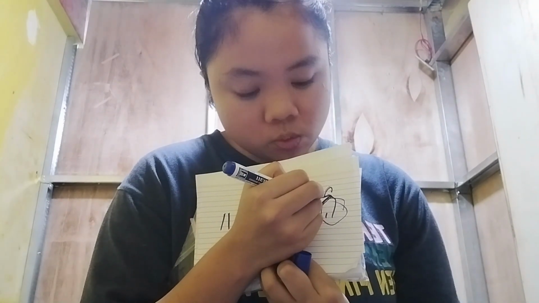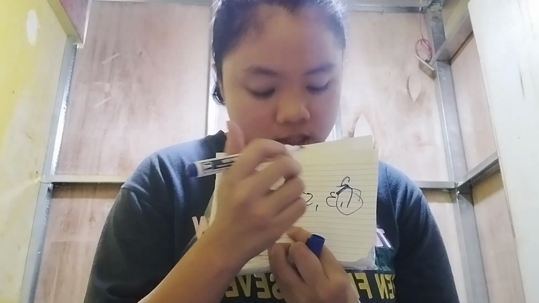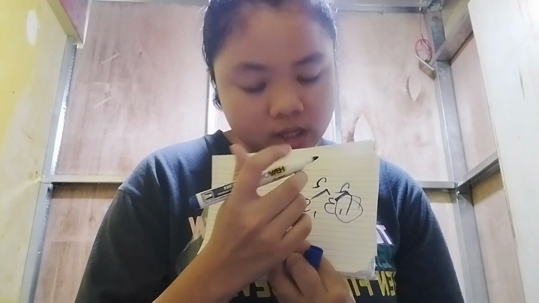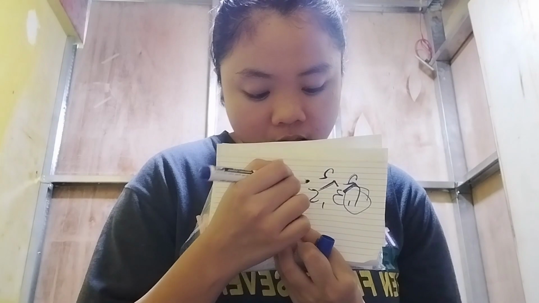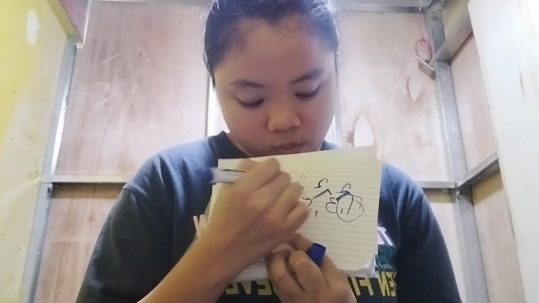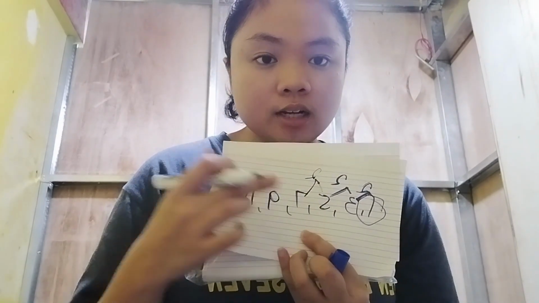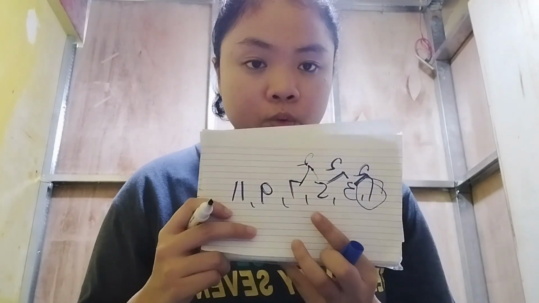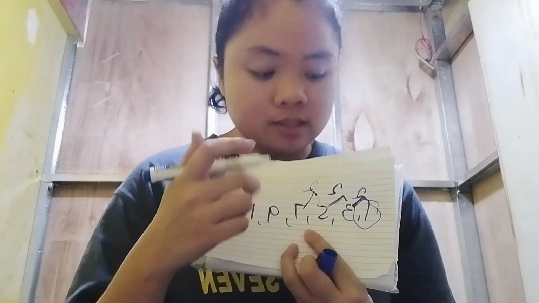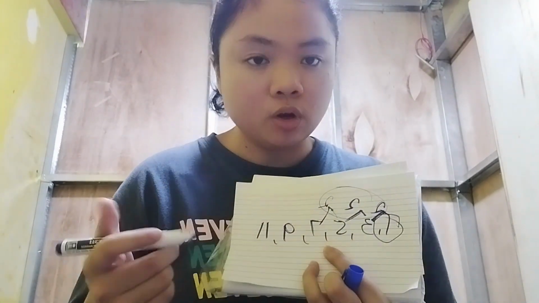So 1 plus 2 is equal to 3. And 3 plus 2 is equal to 5. And 5 plus 2 is equal to 7. Until the end, you need to add 2. So our common difference is 2, or the constant d is 2.